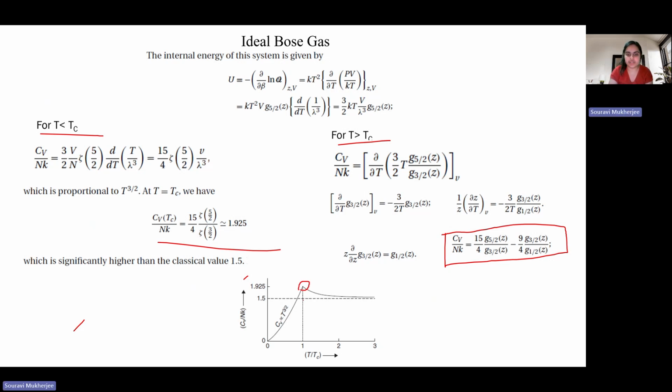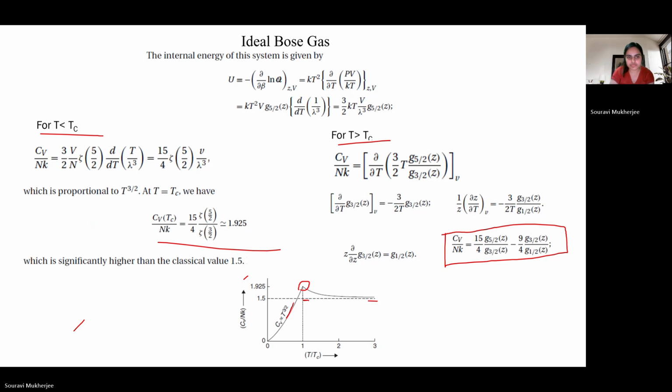So classical value is 1.5, and CV is 1.9. Then at high temperatures, it saturates, just flattens out, and at low temperatures, so T less than TC, CV goes as T to the power 3 by 2.